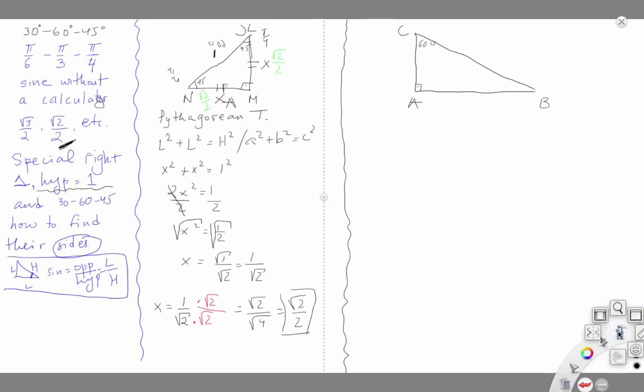Let me fix it. I don't want symmetry. Okay, that's better. And this has to be a 30-degree angle because all of the angles have to add up to 180. So 60 plus 30 is 90, plus 90 is 180.